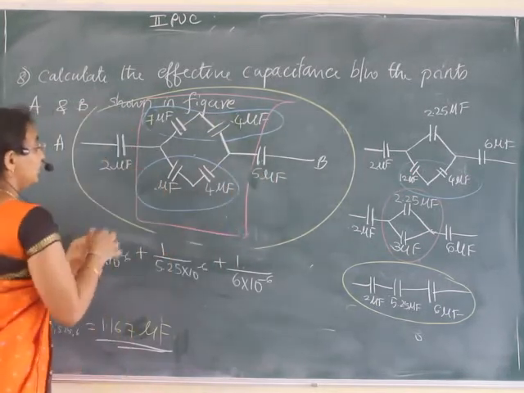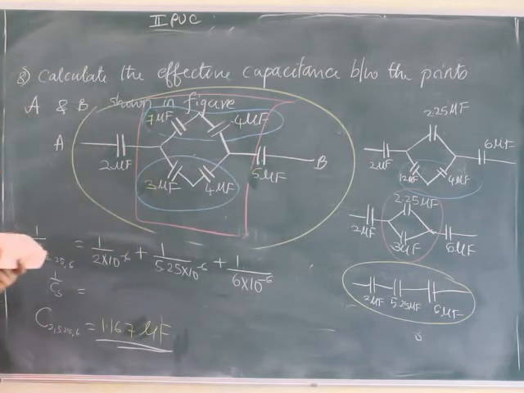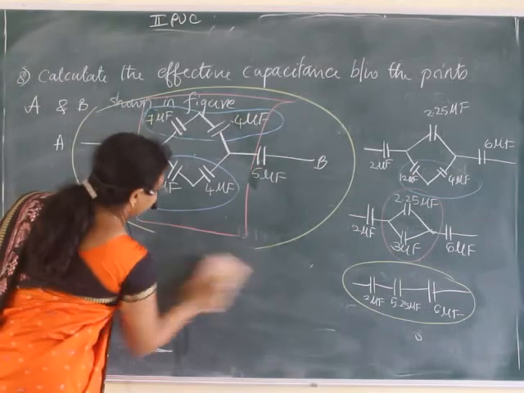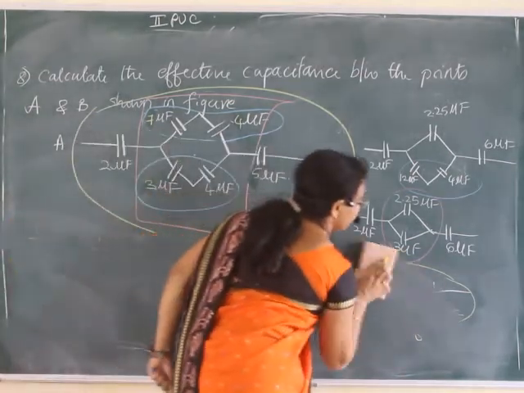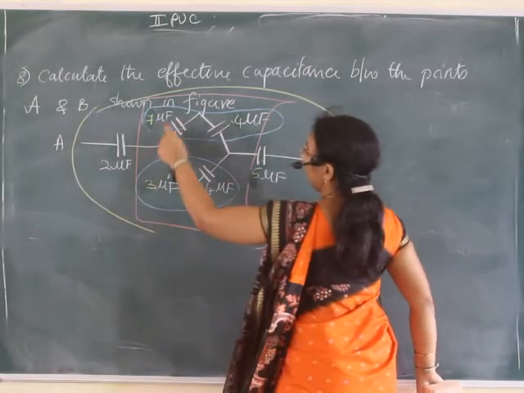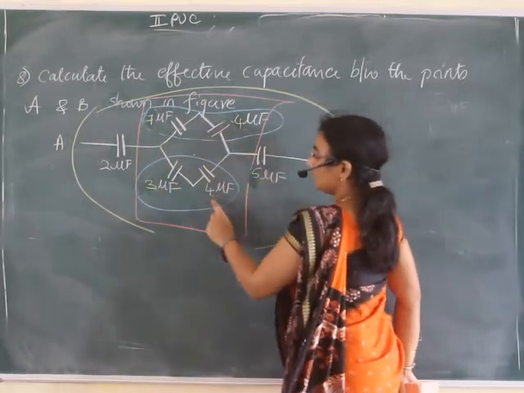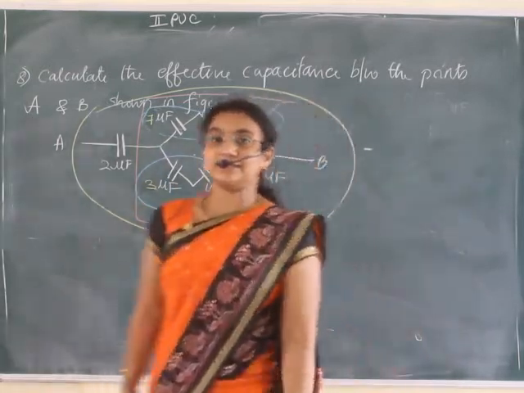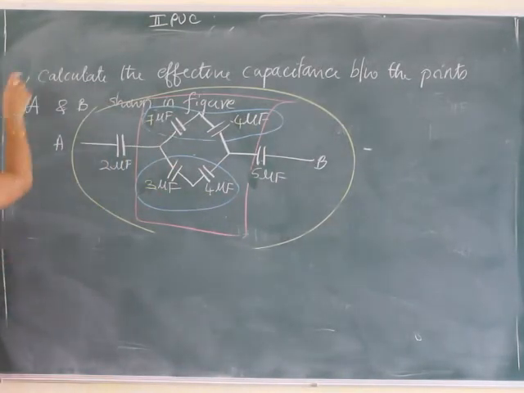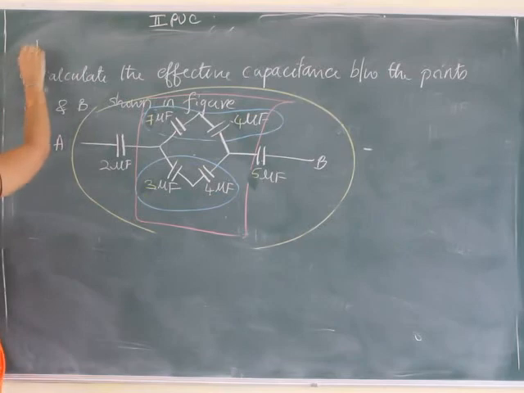Here, 3. This is the next question, okay? For the next question, this is the diagram. You have to solve on your own. See, 2, 7, 4, 5, 4 and 3 microfarad is the next question. You have to solve. So this will be the 9th question, homework.